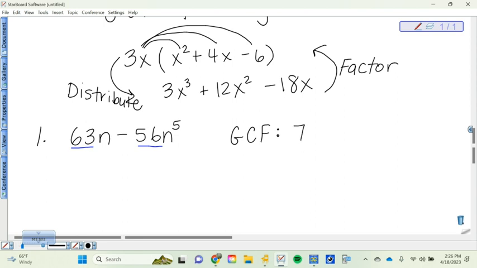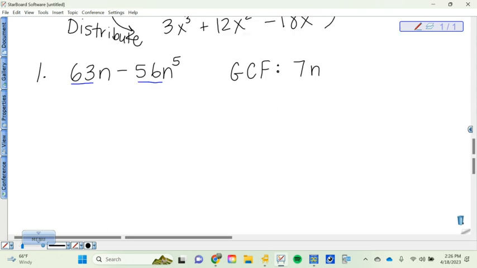Good, 7. And then this one has 1 n, and this has 5 n's. So how many n's can I take? 1. So my greatest common factor is then 7n. This is what we did yesterday. So if you missed yesterday or you were confused about yesterday, we're going over it again. So the greatest common factor between these two things is 7n.